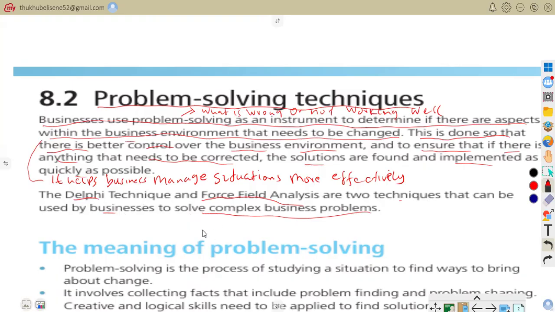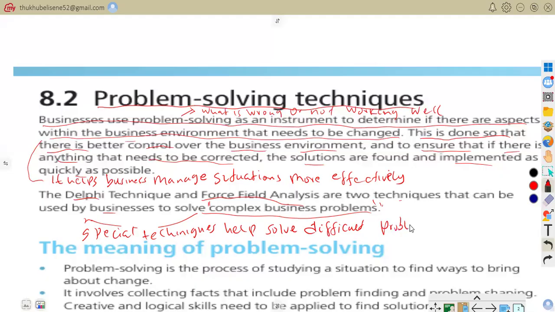Meaning special techniques help solve difficult problems.